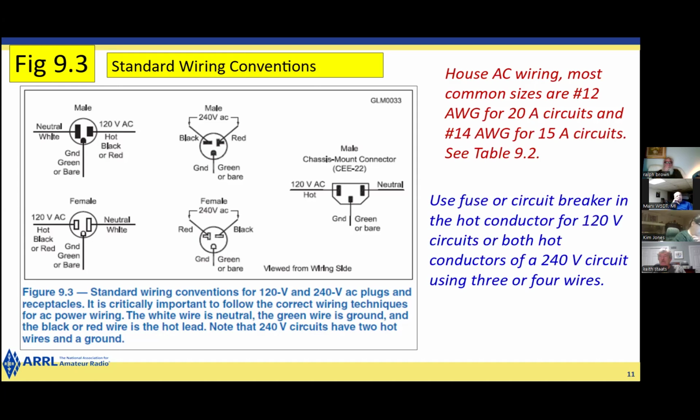House AC wiring, most common sizes are number 12 AWG for 20 amp circuits and number 14 for 15 amp circuits. So you should use a fuse or a circuit breaker in the hot conductor for 120 volt circuits, or both hot conductors of a 240 volt circuit using 3 or 4 wires.